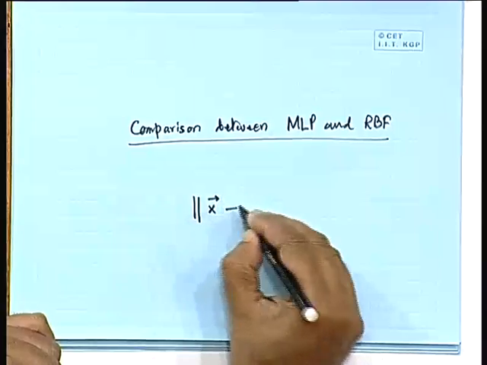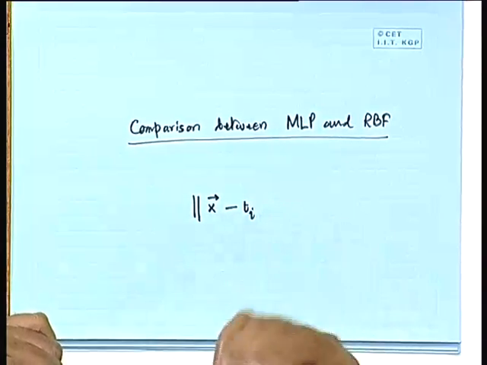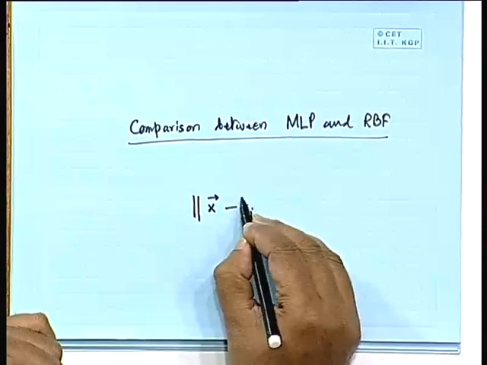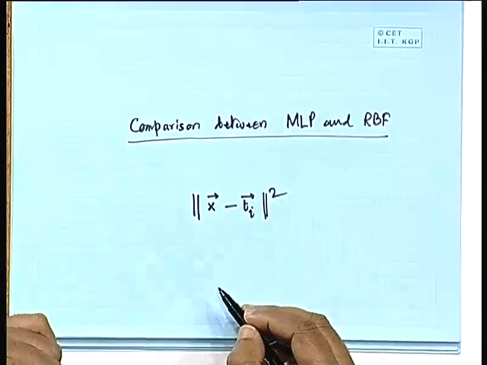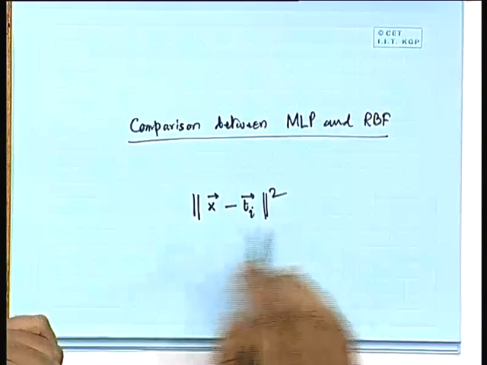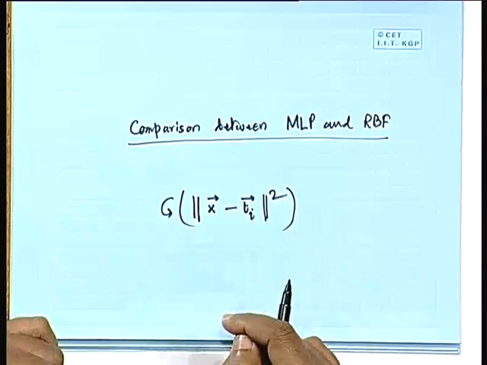So, if Ti vector happens to be the center of the Green's function, and if x vector is the input vector that we are feeding, then the Euclidean norm of x vector minus Ti, where Ti vector is the ith center, and the squared norm of this, that is the squared Euclidean norm of this, we were considering as an argument to the Green's function.